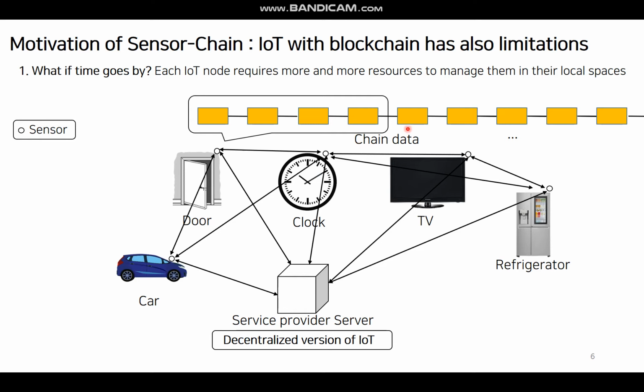Because time is infinite, the chain data would grow infinitely, so it would be a big problem because each node cannot maintain this infinite chain data in its own node. So this would be one problem of IoT blockchain.